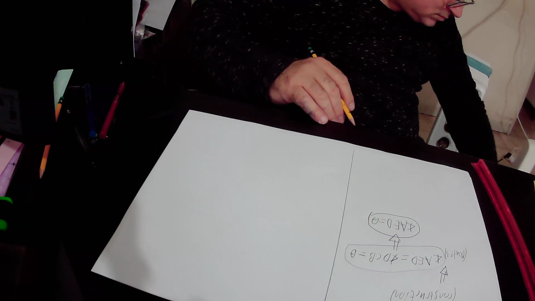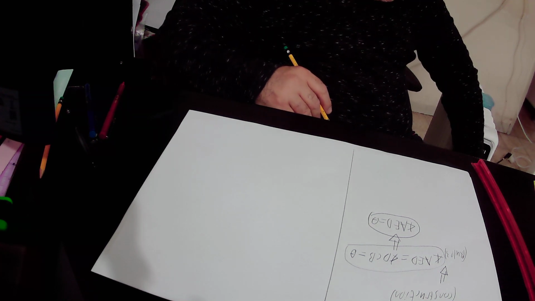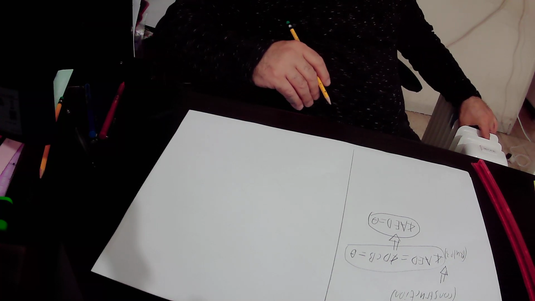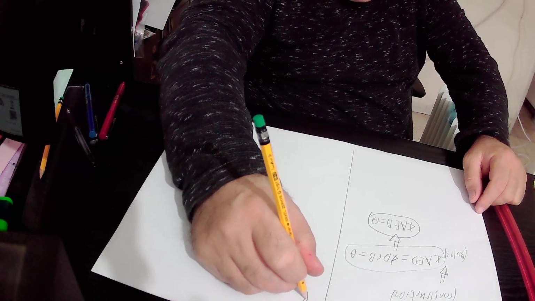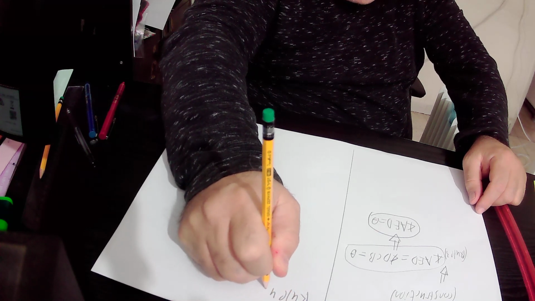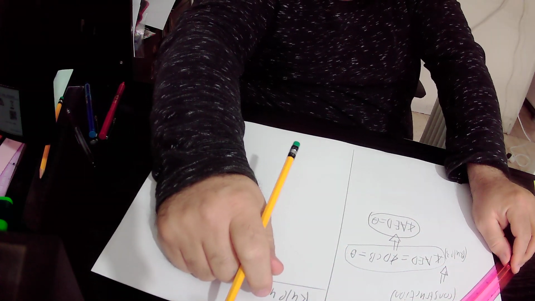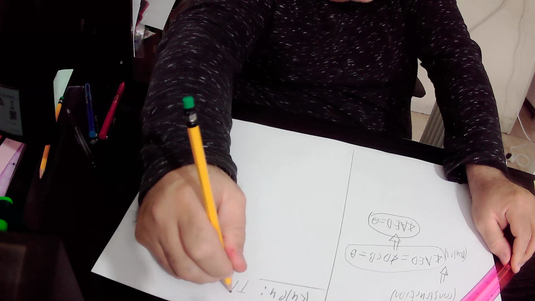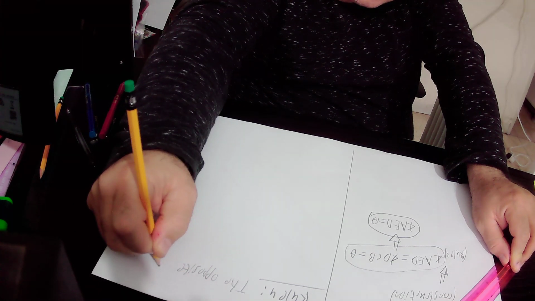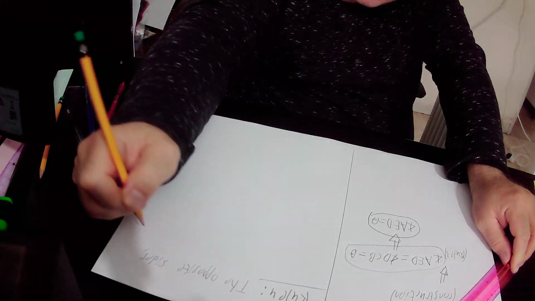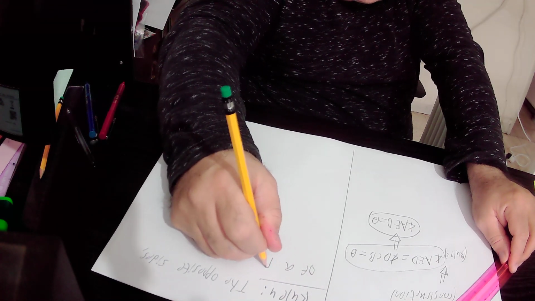According to rule number 4, the opposite sides of a parallelogram are equal to each other. The opposite sides of a parallelogram.